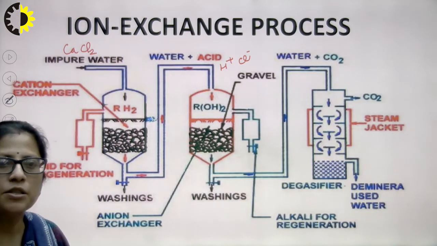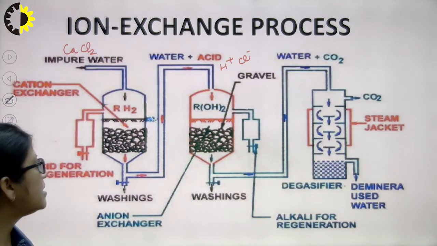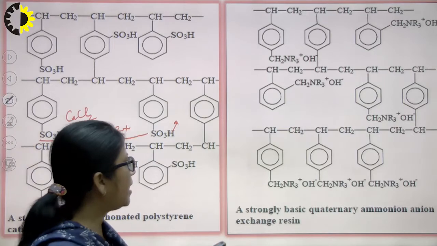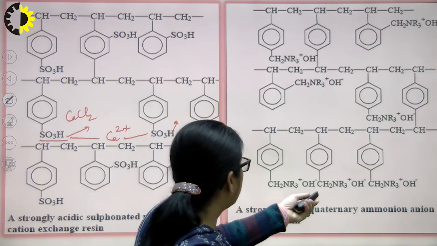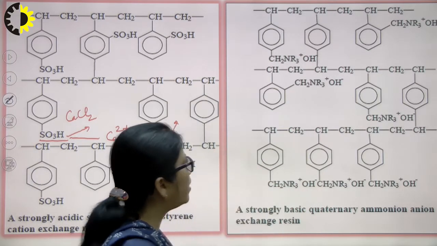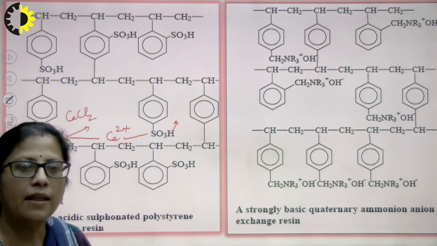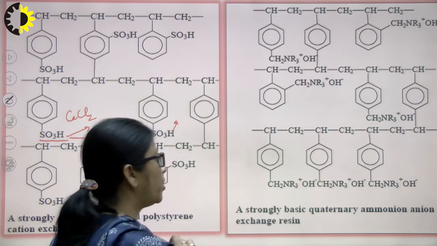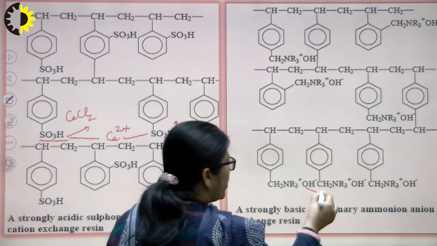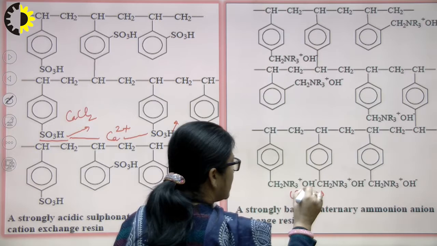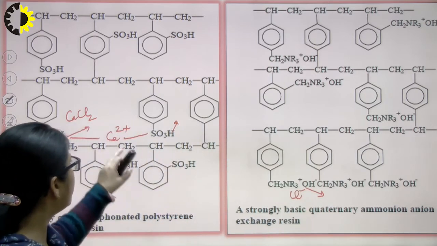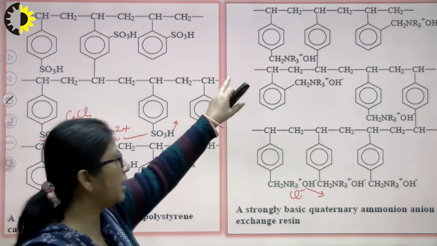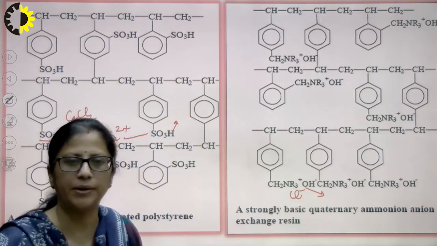When it passes through the anion exchange resin, a similar process occurs; they contain quaternary ammonium. Here you can see the example: quaternary ammonium salts are present, and they are capable of exchanging their OH with anions in water. What happens? This OH moves into water, and the chloride ions which pass through the anion exchanger get fixed here.